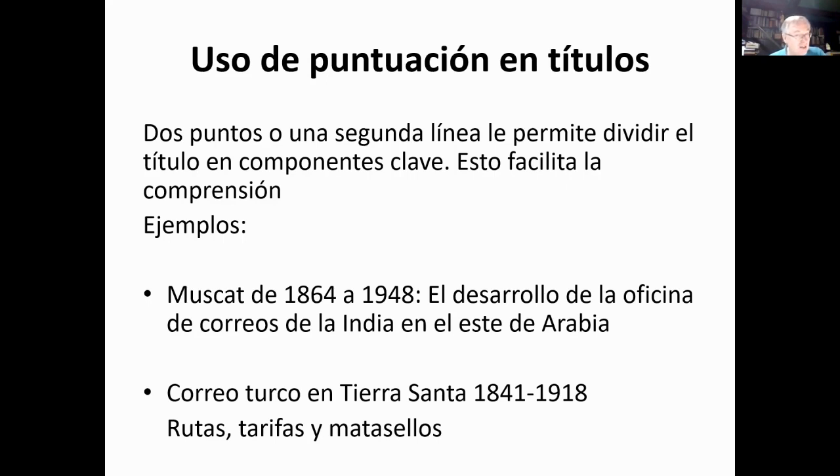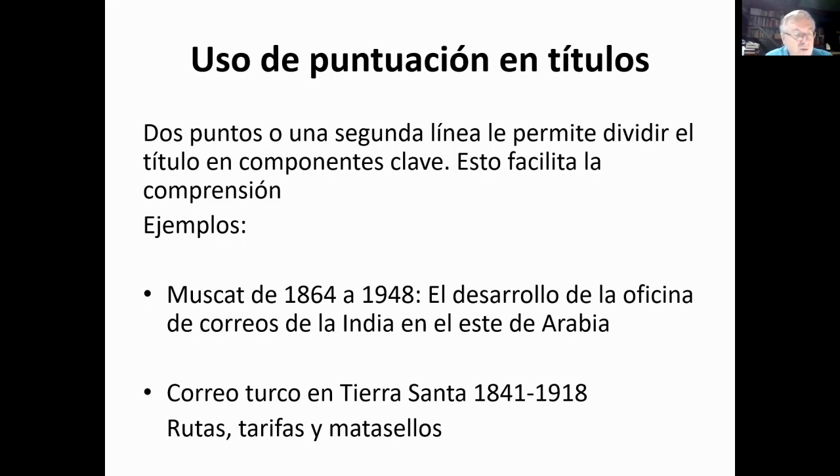Ironically, that second exhibit, actually the entire first 6 frames was arranged chronologically. So that was an example where an exhibitor did not actually follow the title that they had defined. They actually covered the Turkish post.